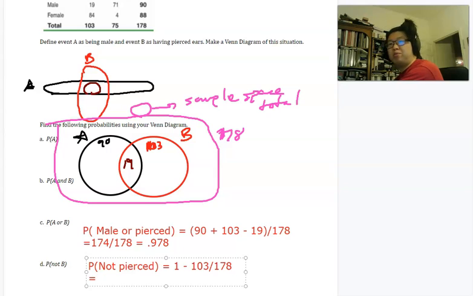So this number would be 1 minus 0.579, which is the same as 0.421.